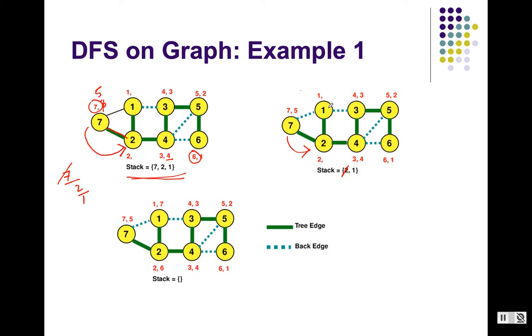Before going to node 1, we keep track of the finish time of node 2, which will be the last finish time 5 plus 1, so 6. Node 1 doesn't have any other child node to explore, so we pop node 1, and its finish time will be 6 plus 1, 7.